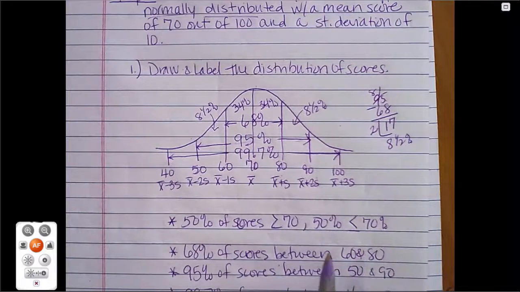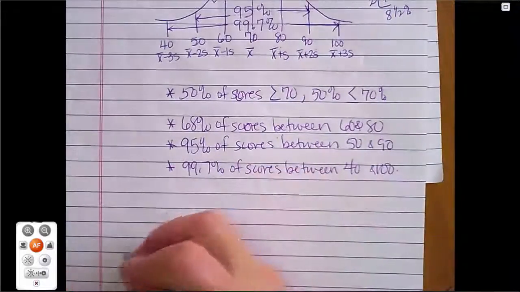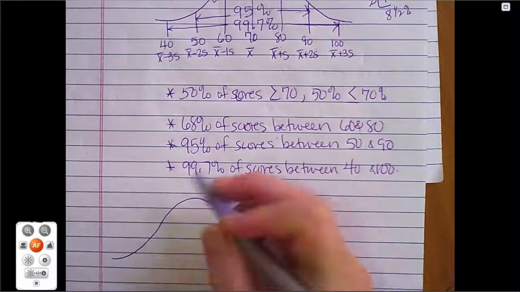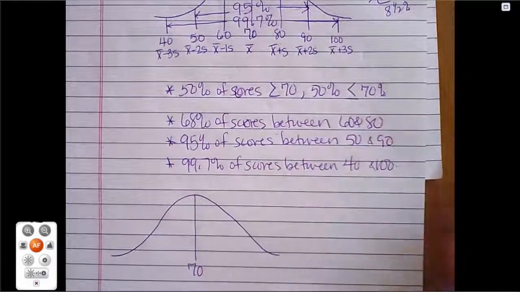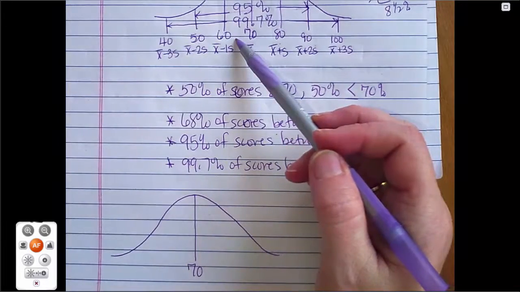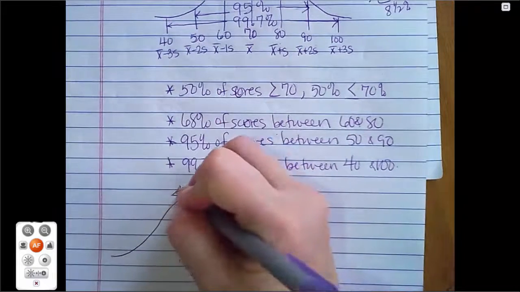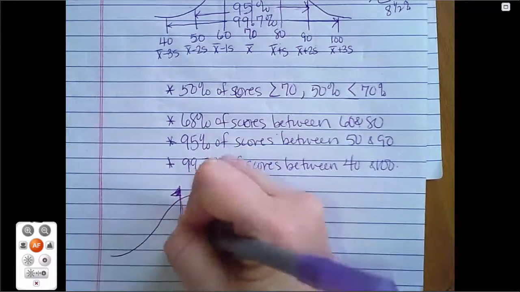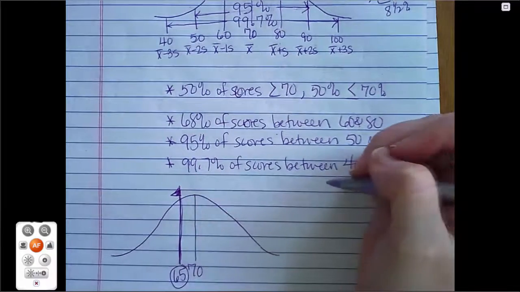So I'm just going to real quickly redraw the model and not label it quite so much. So here's my mean at 70, and let's say we're curious about what percentage of people scored at passing or above. So that's a 65. And one thing you want to get used to doing is what I call flagging the values we're really talking about. So in this problem we're flagging the value 65. That's what we care about.